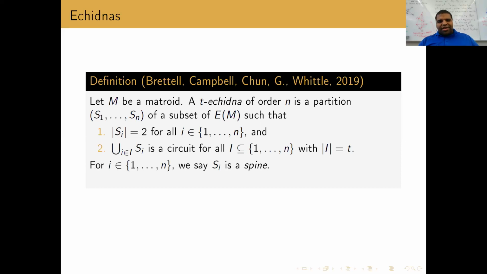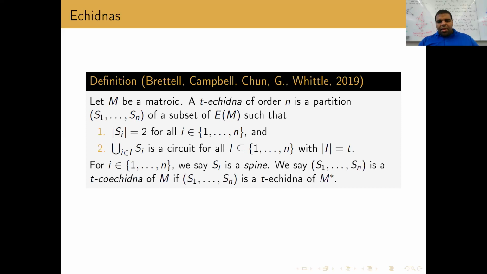We called each of these a spine, just to keep up with the echidna terminology. And as good matroid theorists, we stuck the word co in front of that. So a T co-echidna of your matroid is a T echidna of the dual matroid. Only matroid theorists most likely would pronounce that word as co-echidna. That's how we pronounce it.